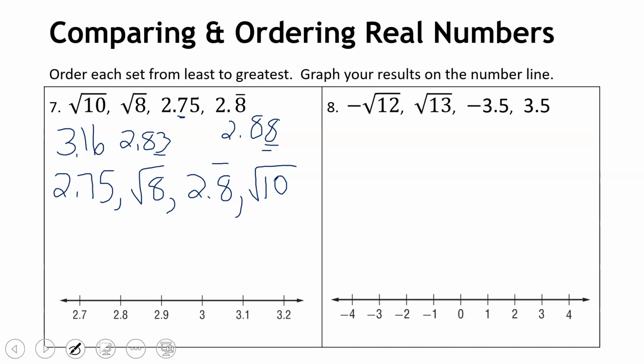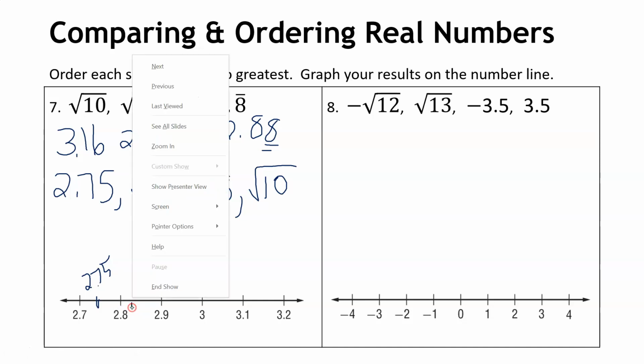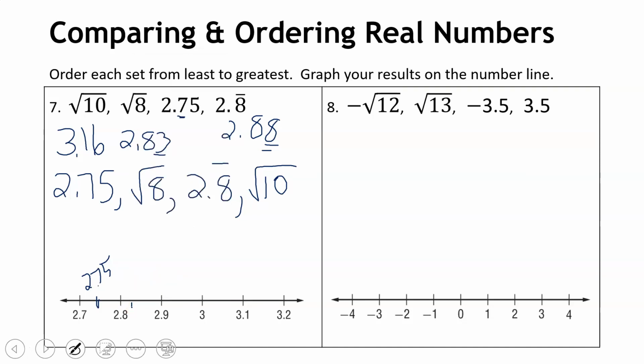So 2.75 would be halfway between the 2.7 and 2.8. The square root of 8 would be just a little past the 2.8. And the 2 8/10 repeated would be just before the 2 9/10.